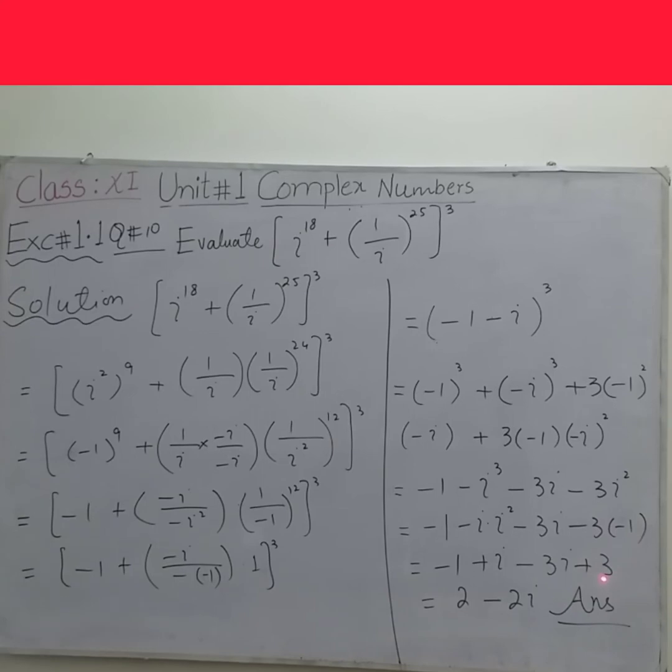Now adding real with real, we have 3 minus 1 gives 2, and imaginary with imaginary, we have minus 3 iota plus iota gives minus 2 iota, which is the required answer of question number 10.